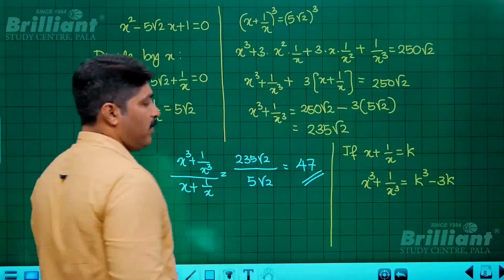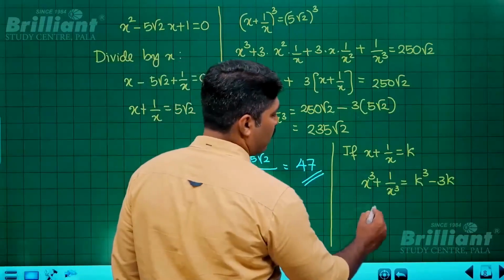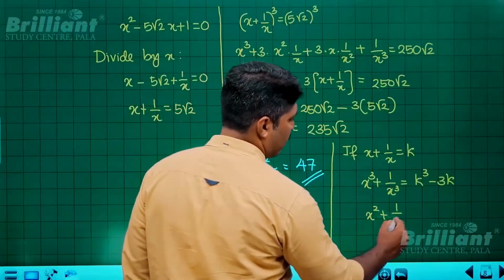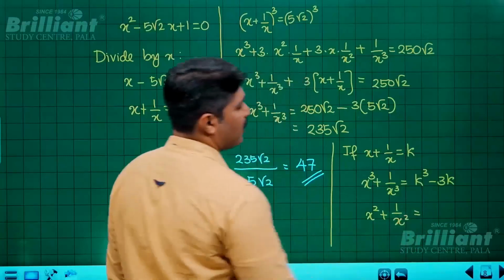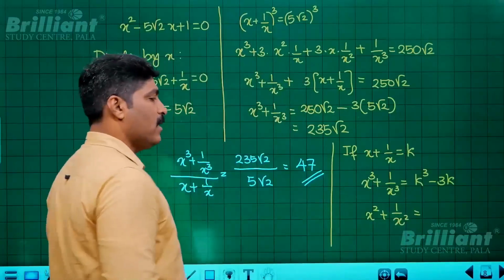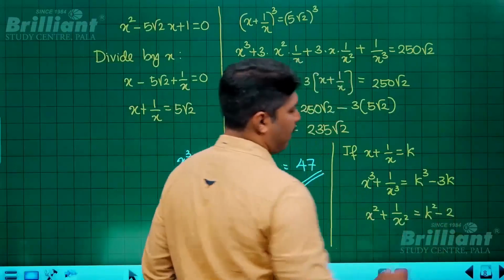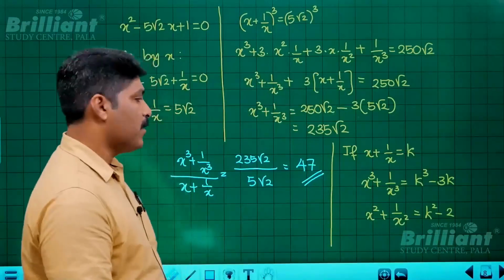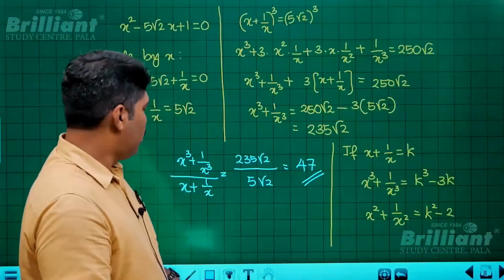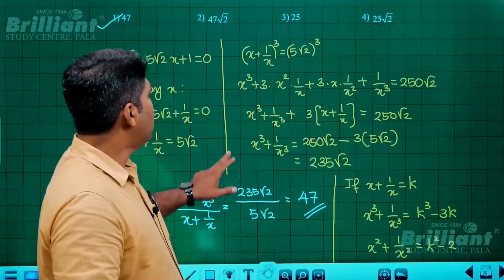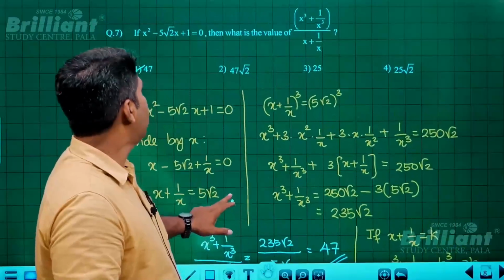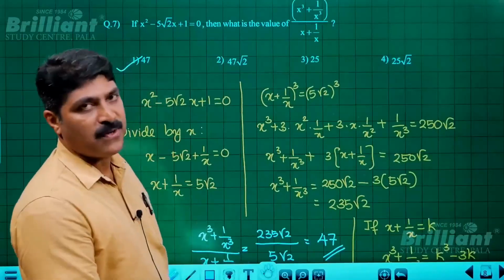Similarly, in some situations we have to find the value of x square plus 1 by x square. The way to find the answer is k square minus 2. That's another useful result of a similar type. So in this question, our answer is option A, that is 47.